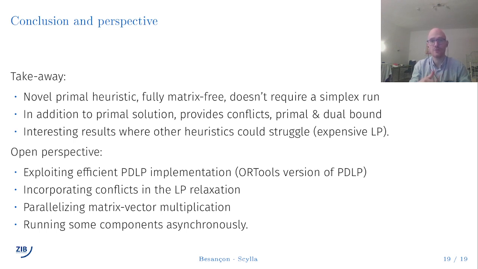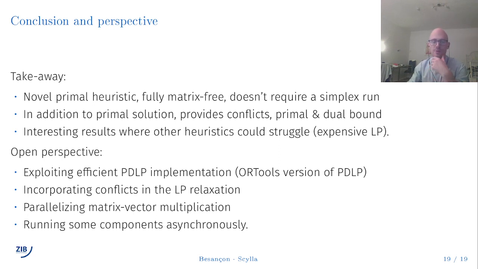It also provides a primal and a dual bound. Since you're running a linear relaxation of your problem initially, you do have a dual bound on your problem. And I think this algorithm can be especially interesting where other heuristics would struggle, for example, all the heuristics like feasibility pump that assume an LP oracle is available and fairly cheap.